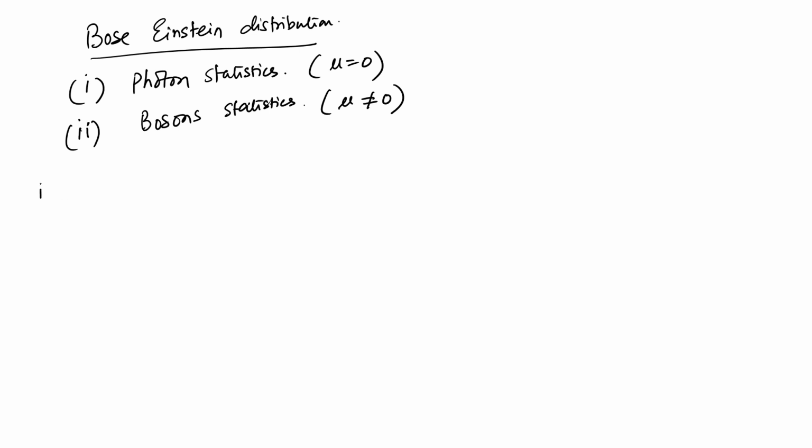But let us start with the photon statistics, which necessarily does not have a mu associated with it, because we cannot keep the particle number constant. So, that constraint completely goes away, and hence the Lagrange's undetermined multiplier goes away as well. Okay.